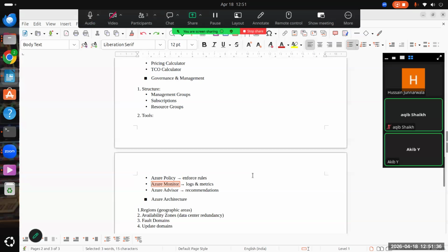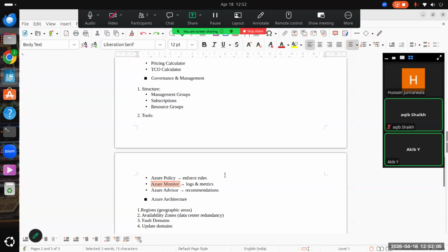That can be set up through Azure Monitor. Also, Azure Monitor has a feature to send that alert to email as well. You create an action group and mention the email address.